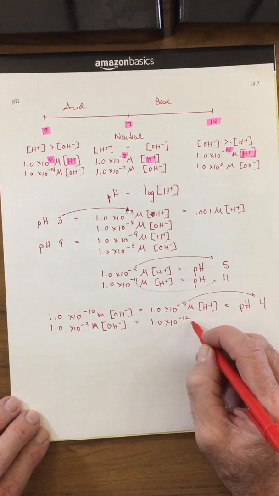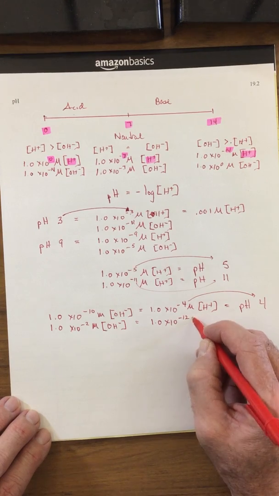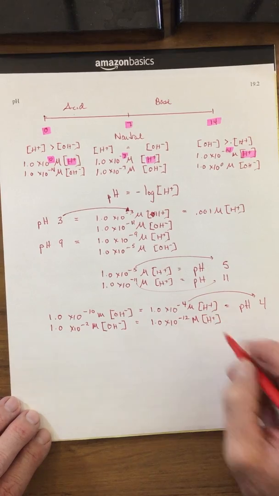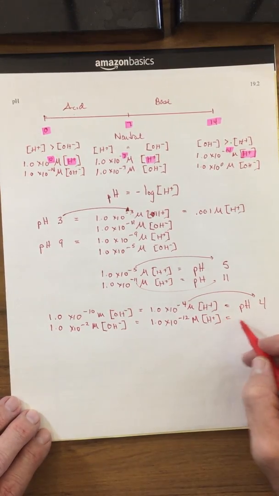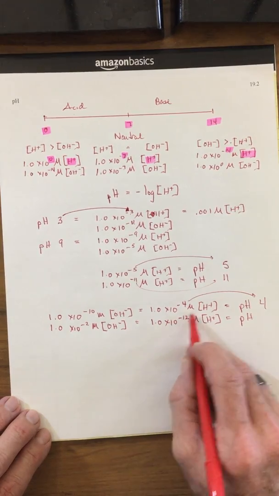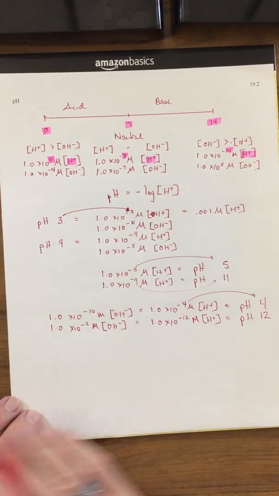Negative 12 molar of H plus. So my pH in this case is going to be equal to 12.